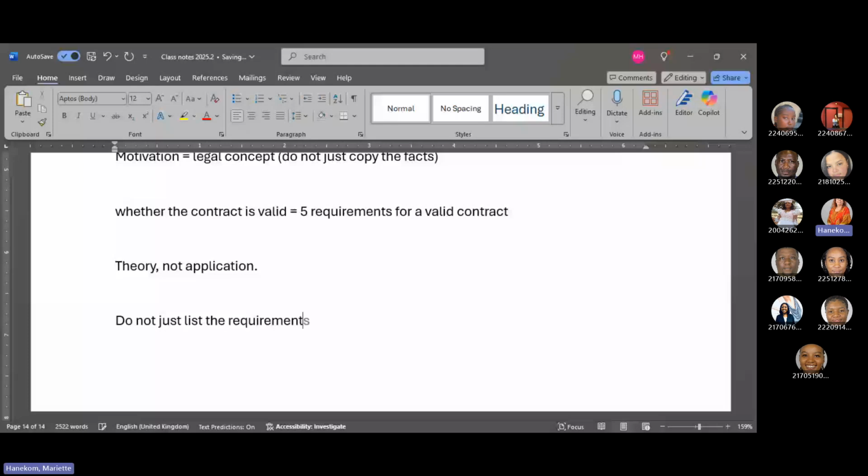So if you're telling me the contract must be valid and it must be entered into in the name of the partnership, I'm not going to be giving you any marks for that. Because I want to know, is the contract valid? Is it entered into on behalf of the partnership? So apply to the facts and give me the answers.